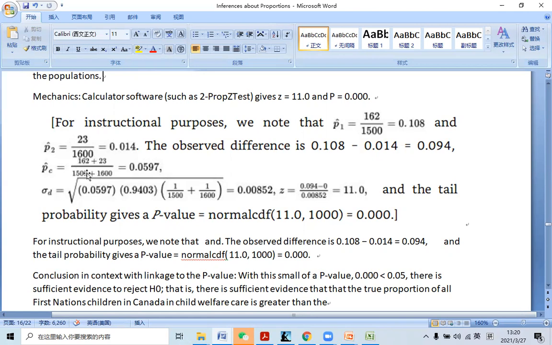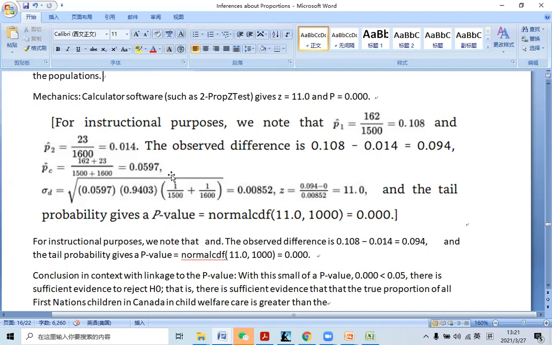For the 1500 sample, it's 162. For the 1600 sample, non-Aboriginals, the number of kids in child welfare is 23. You add them together, you get a pooled proportion. Both populations pooled, about 5.97%, almost 6% of all kids are in child welfare.